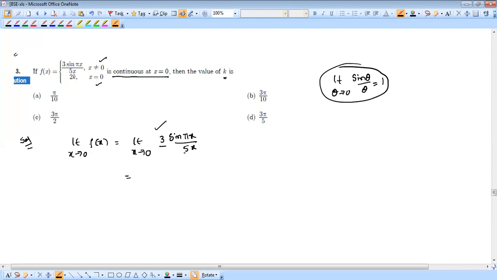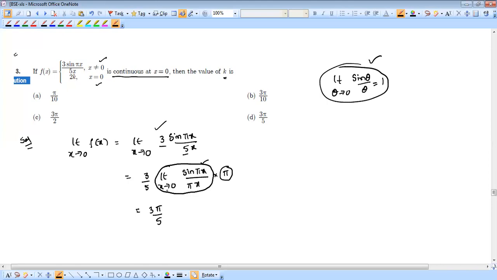Now here 3 is constant, 5 is constant, so they come out; the limit need not be applied to them. And limit x tends to 0, you can write sin pi x by x. Here the x coefficient is pi, so let us multiply with pi in numerator and denominator. Now pi also is constant, so it comes out. So 3 pi by 5, and this totally turns into this form.